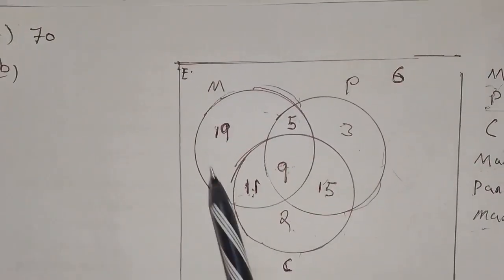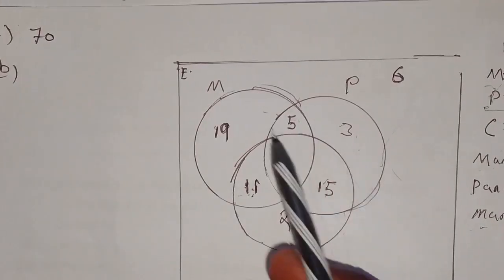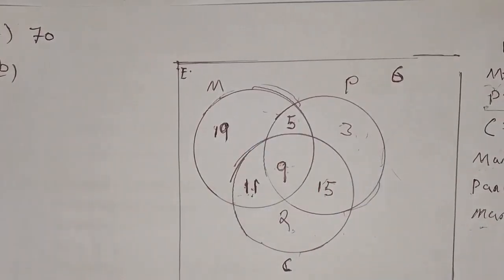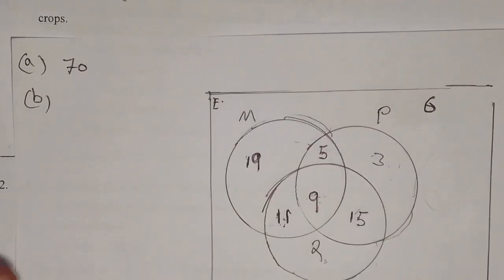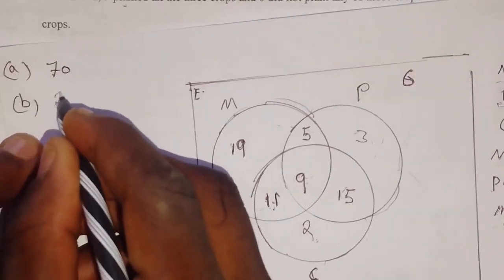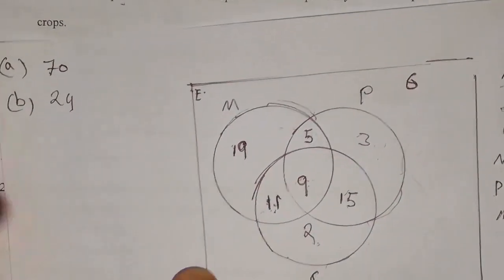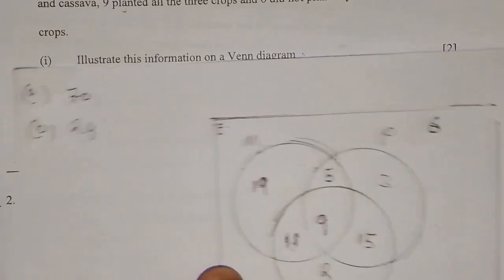So you just add 19 plus 2 plus 3. So we have 19 plus 2, it will give us 21. 21 plus 3, it will give us 24. So for B, we found that 24 farmers planted only one type of crop, maize.